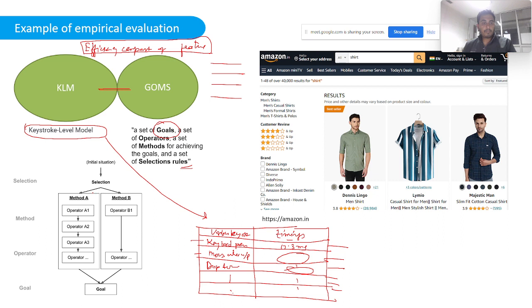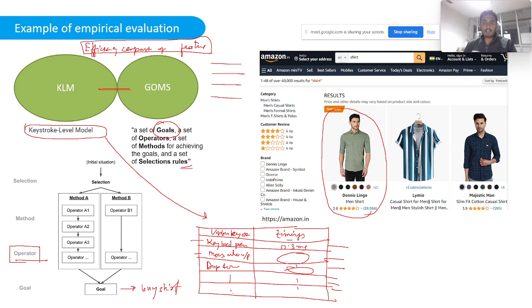For example, in this example, I gave the goal as to buy a shirt. So what are the operators? Operators means the various ways you can go to this particular page.